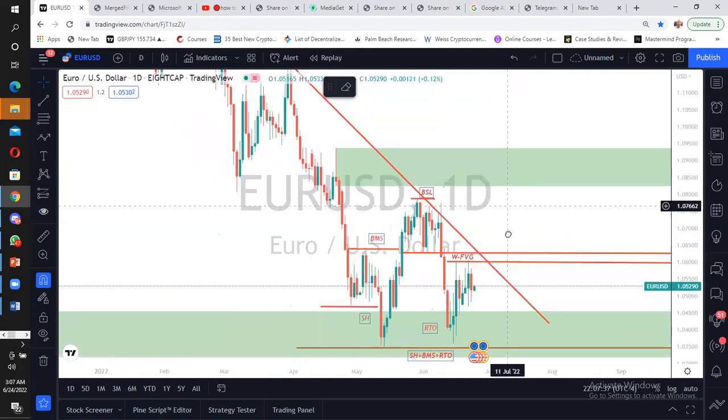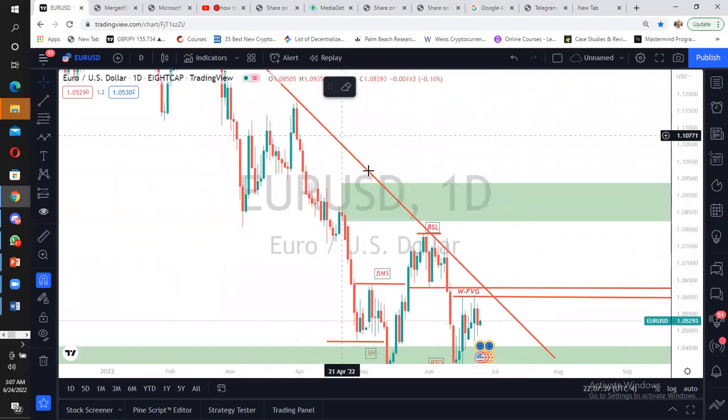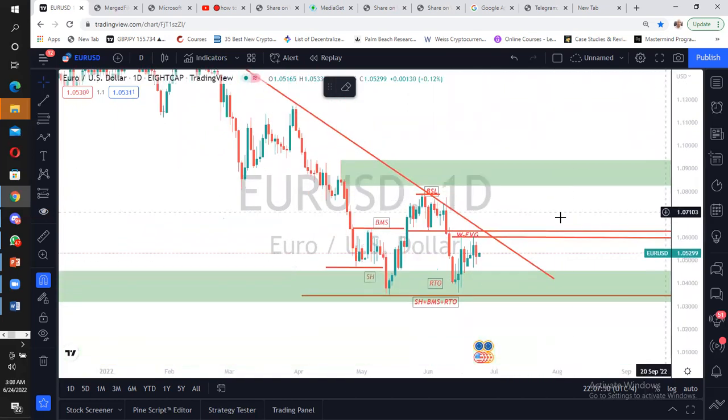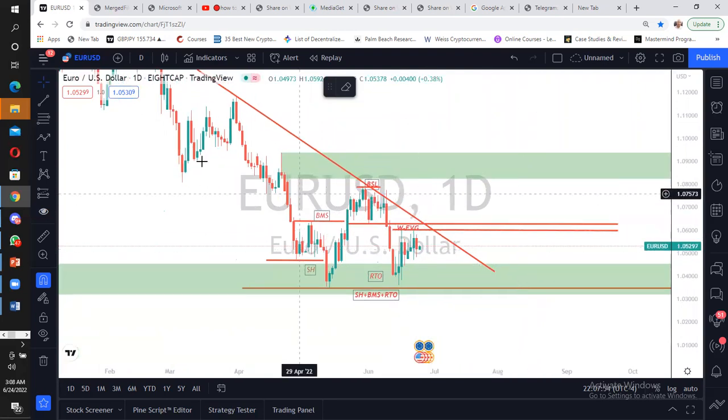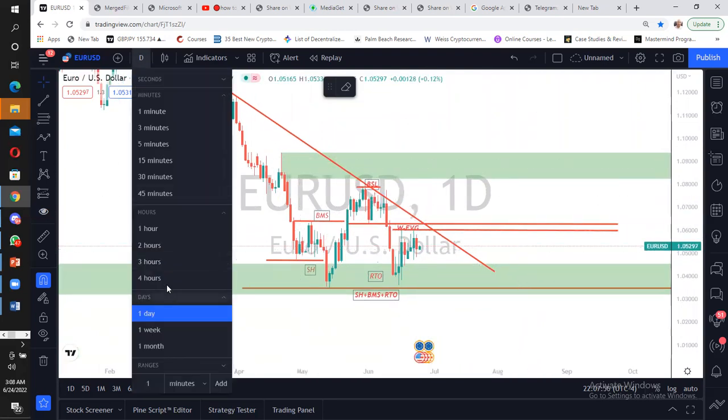And like I say, we'll have a retail trend line here, which must be swept. As you can see, it printed into it and back down. So let's go on. Having seen this, let's go straight to 4 hours.